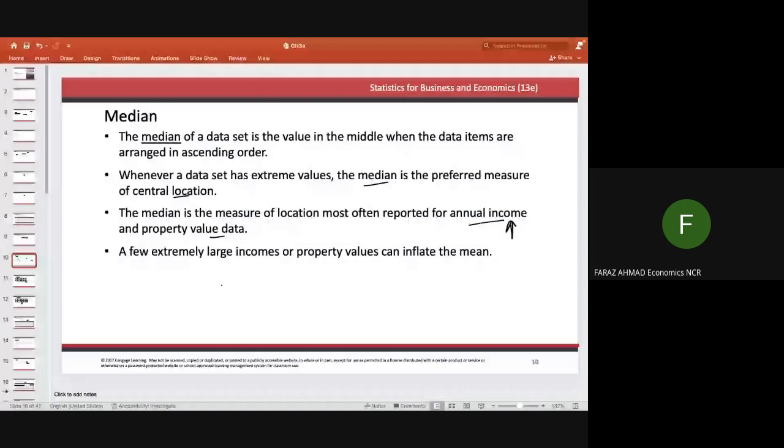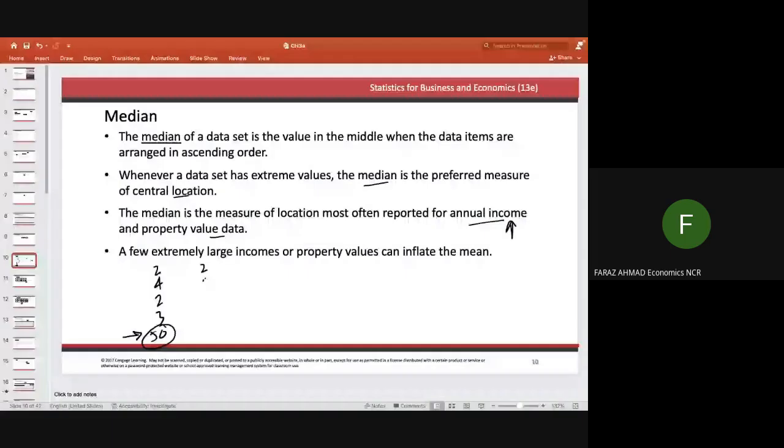The reason why median is preferred to mean when we have extreme values is that if we have values like 2, 4, 2, 3, and then we have a 50, then this 50 is going to affect the mean, but this 50 is not going to affect the median, right? Because if you put it in ascending order, it will be 2, 2, 3, 4, 50, and median will be 3.